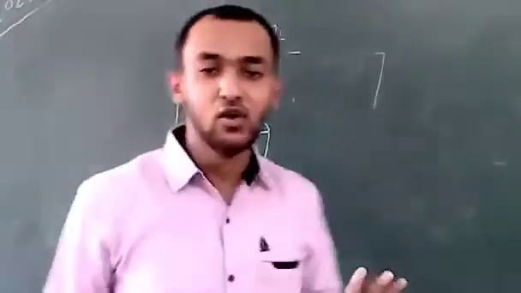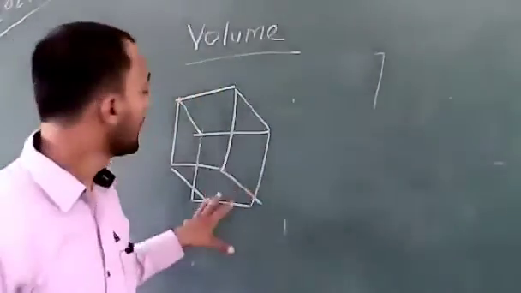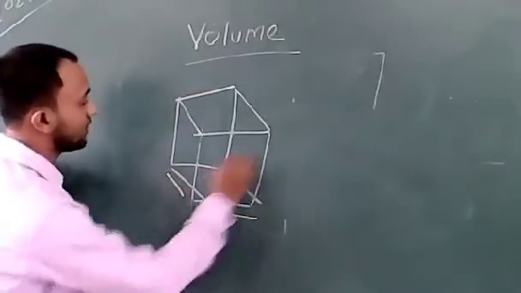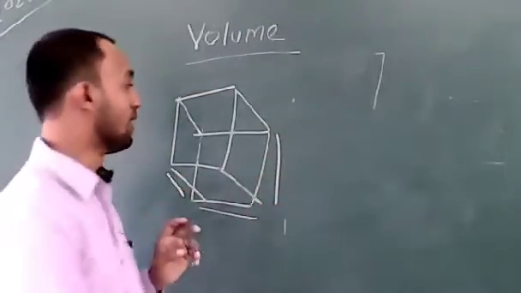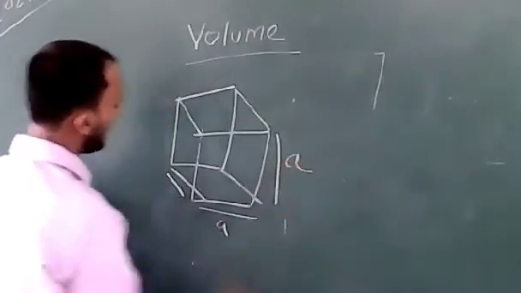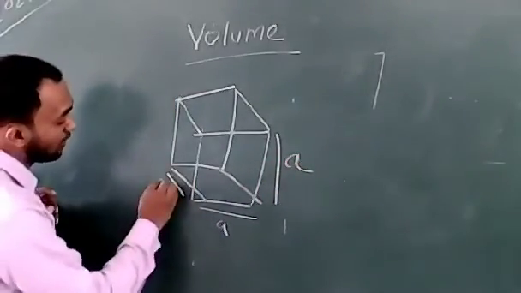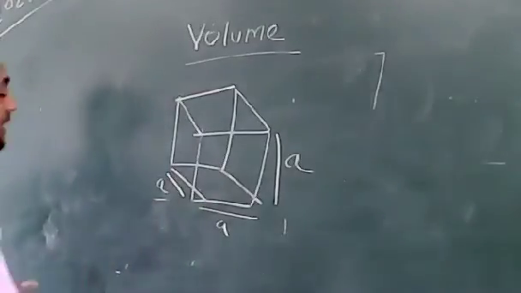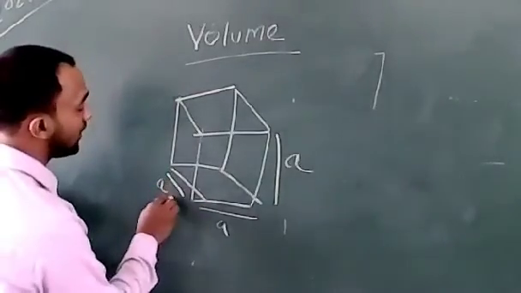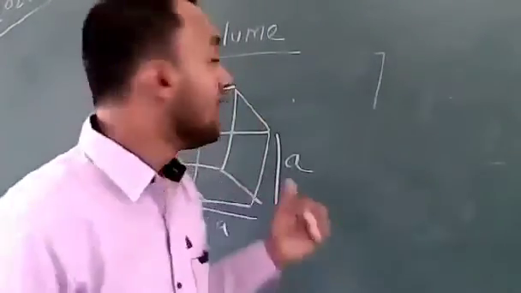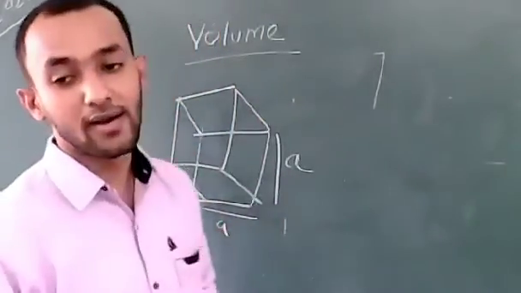All the dimensions of a cube, its length, breadth and height, will be equal. Means if its length is a, its height will also be a, and its breadth will also be equal to a. If the dimensions are different, if length is not equal to breadth, or any of the dimensions are not equal, then this shape will be called a cuboid.